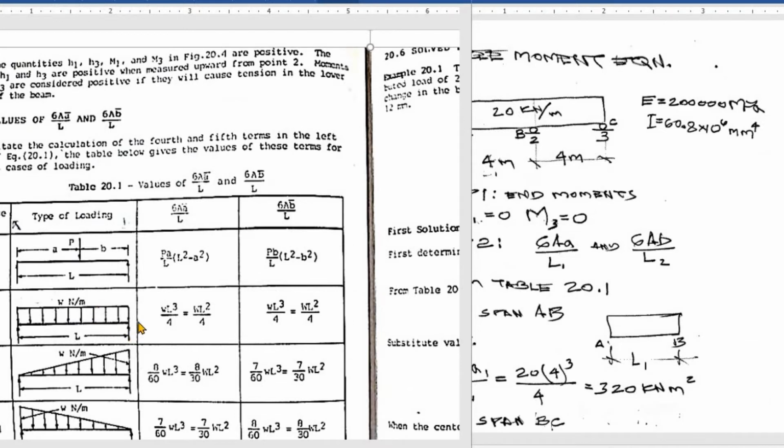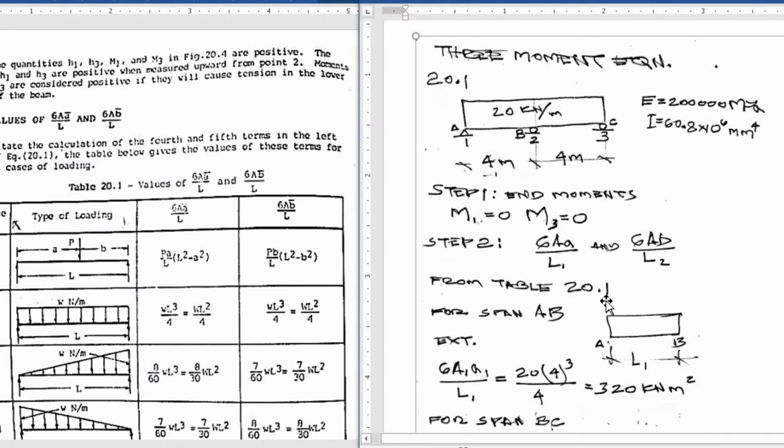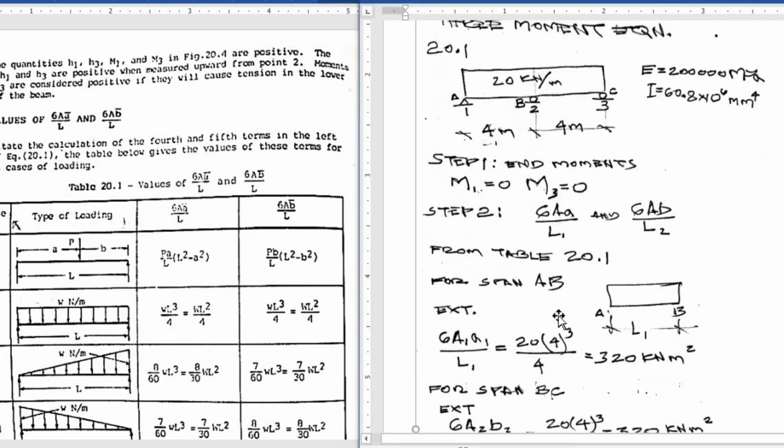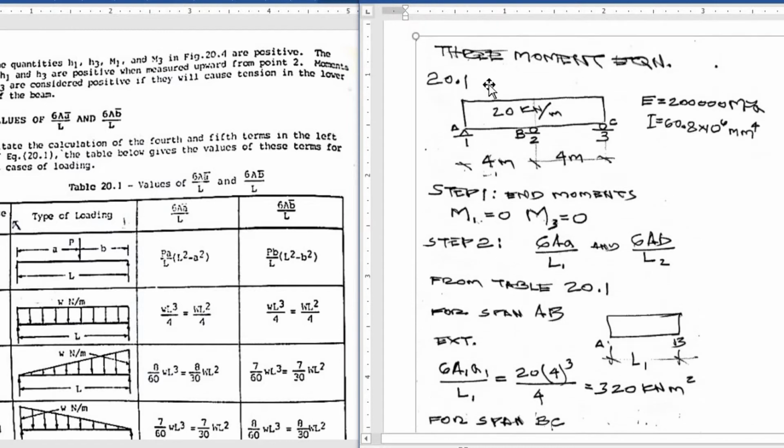So, ang kanyang equation is WL cube all over 4. Okay? So, ito. Yung ibig sabihin ng small w, ang unit niyan ay Newton per meter. Okay? So, WL cube all over 4. Dito na tayo. So, ang values mo, meron kang 6AA all over L sa node A tsaka sa node B.